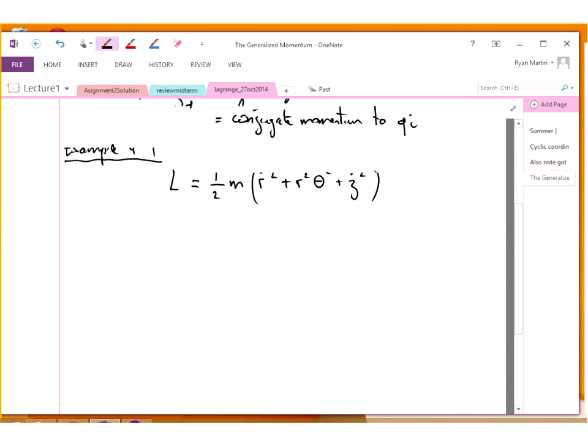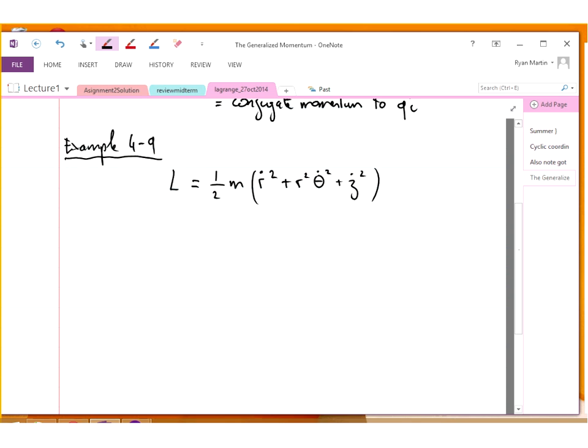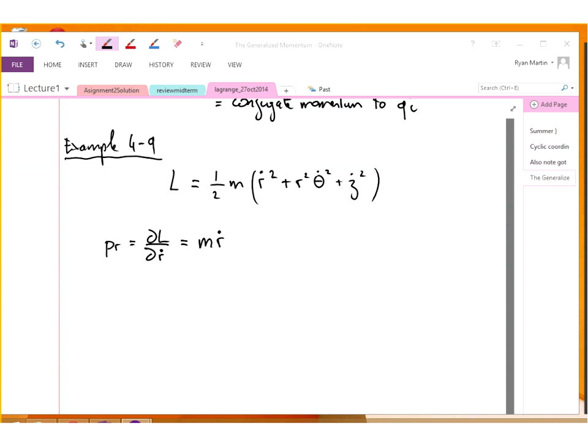So we have 3 degrees of freedom, so we have 3 generalized momenta. Those momenta are p_r, which is ∂L/∂r dot, and that's m r dot.